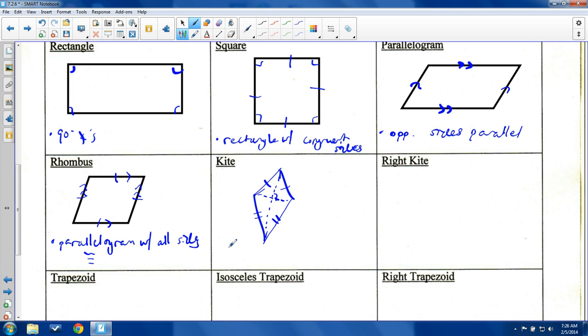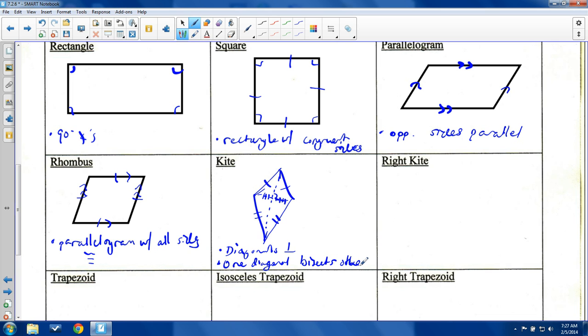I can say two sets of sides congruent, but more importantly is the thing about the diagonals, and that is diagonals are perpendicular. I wish my handwriting on this was better. And one diagonal bisects the other.